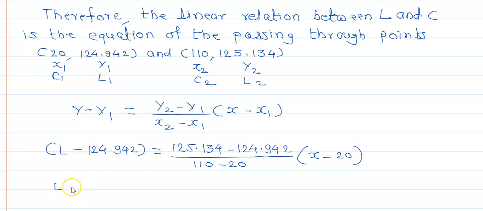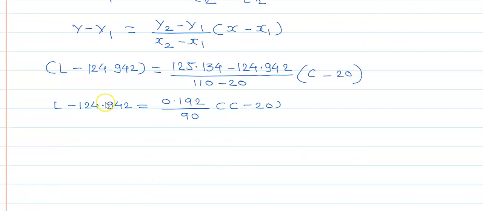Therefore, after substituting, L minus 124.942 is equal to (125.134 minus 124.942) upon (110 minus 20) into (C minus 20), and their subtraction.